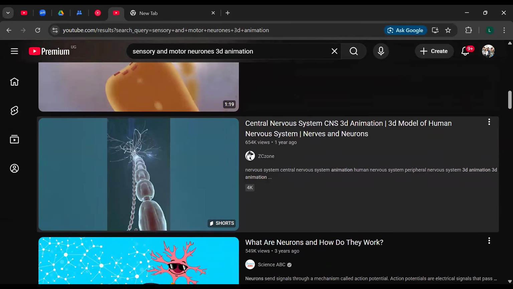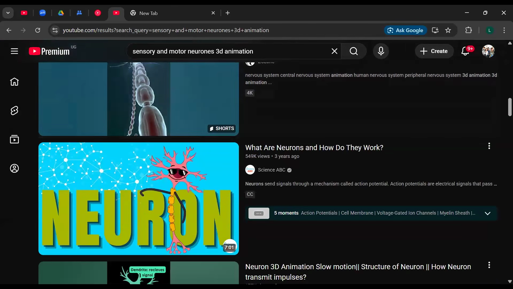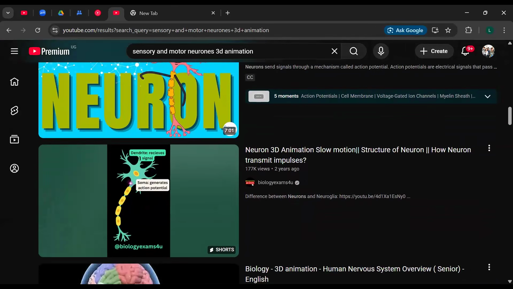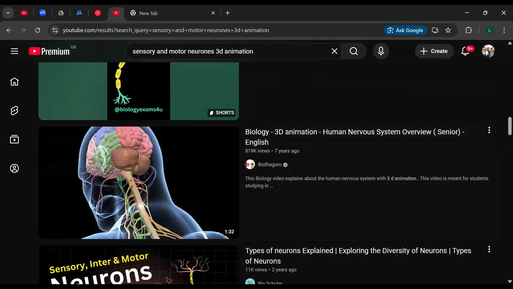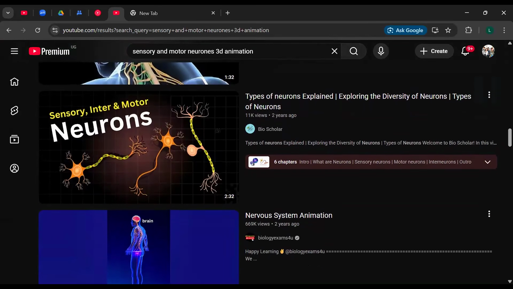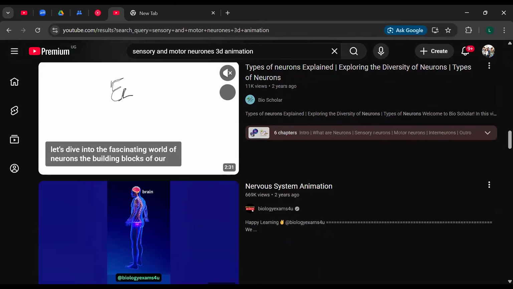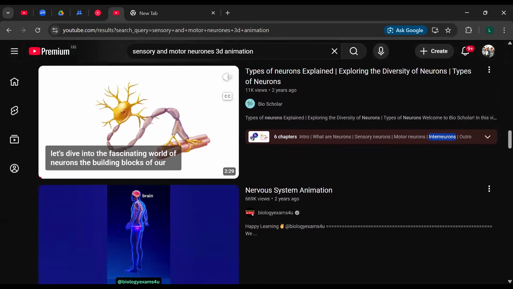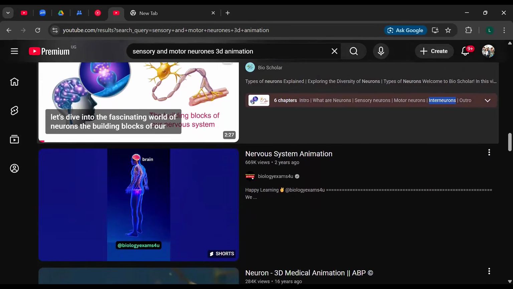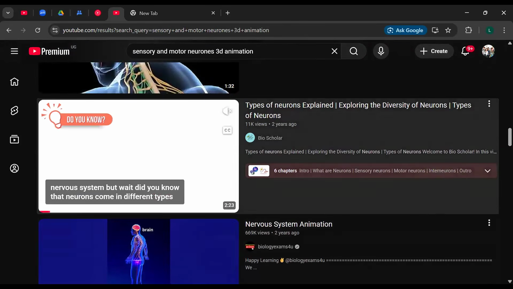How neurons communicate? Types of neurons. Sensory, motor. I think this one will work. Okay, let's see this.